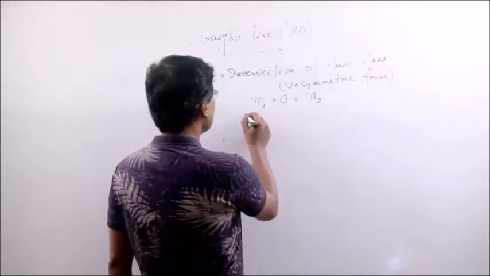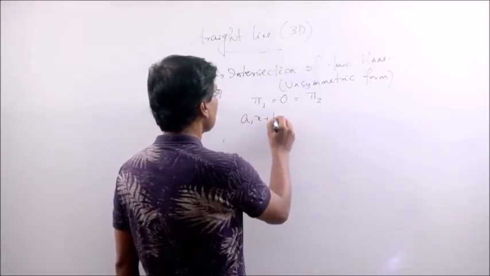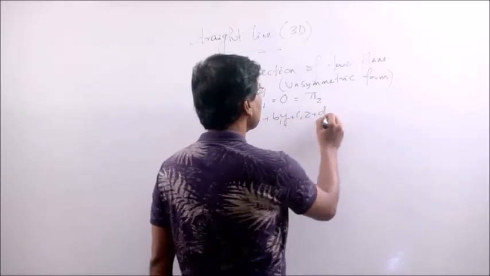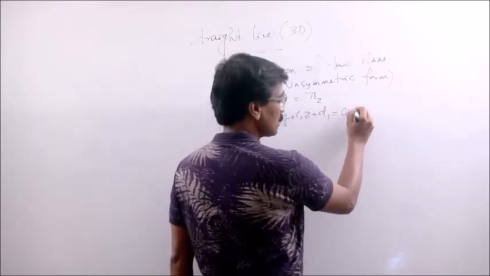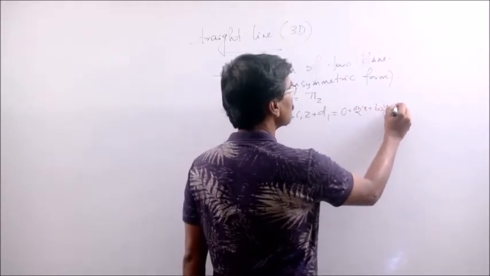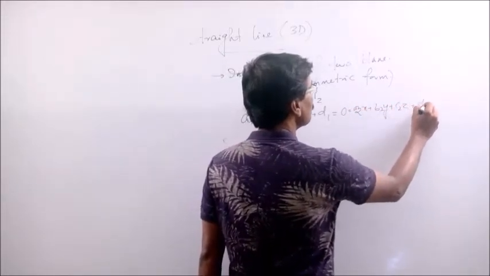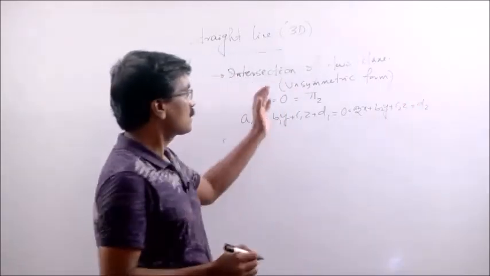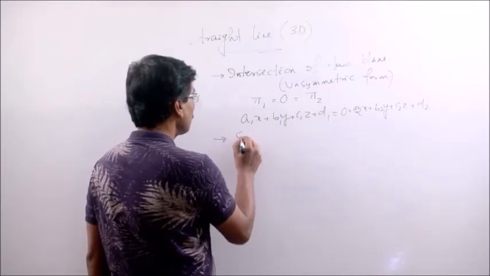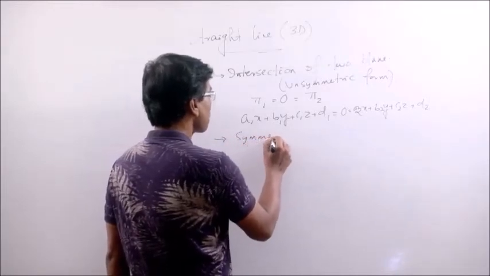That is, suppose the planes are a1x plus b1y plus c1z plus d1 is equal to 0 is equal to a2x plus b2y plus c2z plus d2. So this is called unsymmetric form, and the other form is called symmetric form.